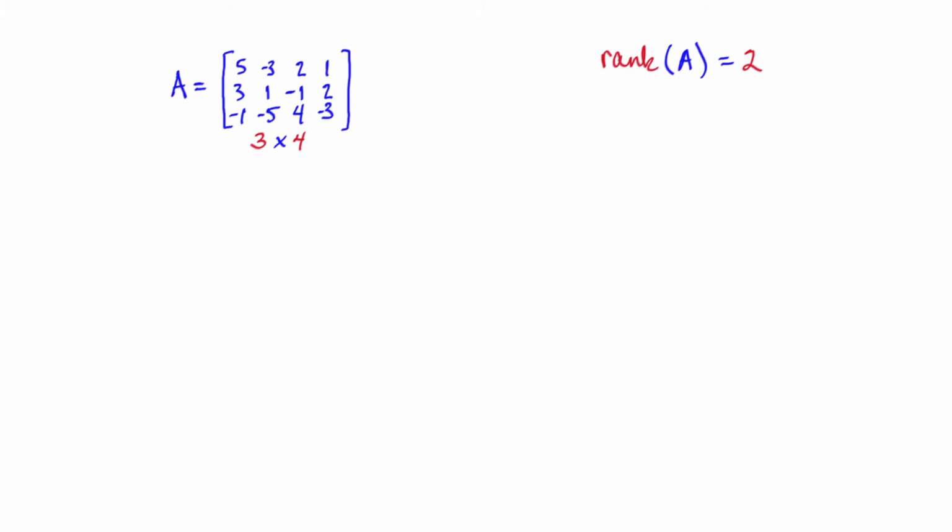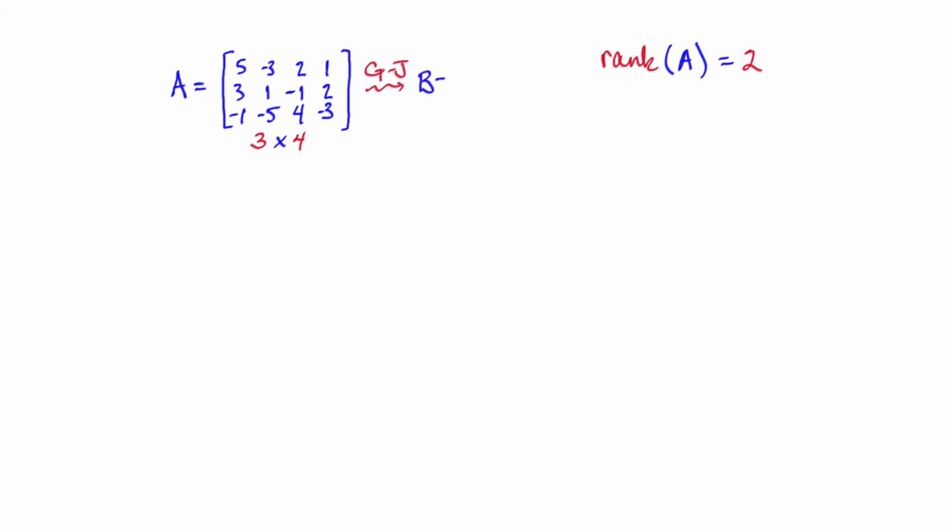And now we want to find a basis for the null space of A. Well, remember, we're looking for the solutions to the homogeneous system Ax equals 0. And when we find the solutions to that system, we use the reduced row echelon form of A. And we already did Gauss-Jordan elimination on this matrix.